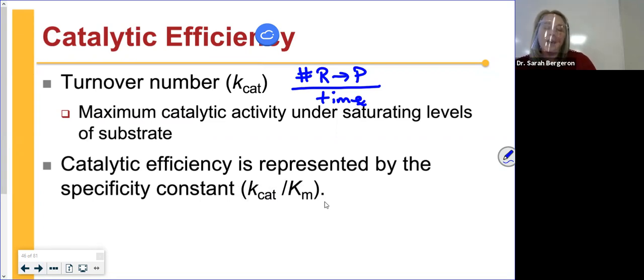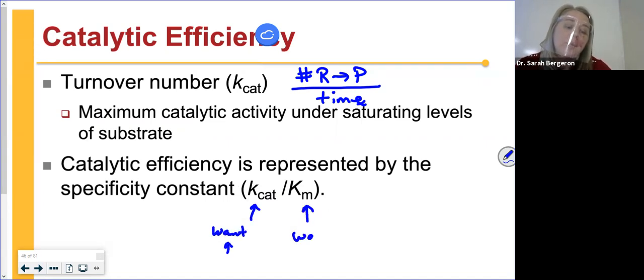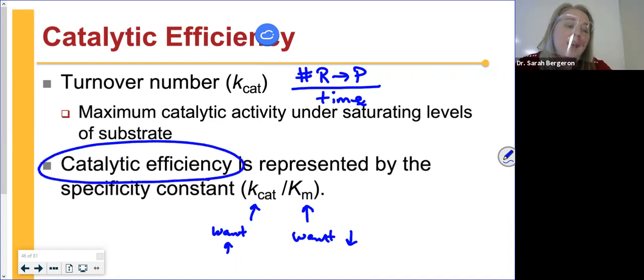Do we want Kcat to be high or low? We want it to be high. How about Km? We want it to be low. So what do we want our catalytic efficiency to be, high or low? Because this equals Kcat over Km. So we want it to be high.